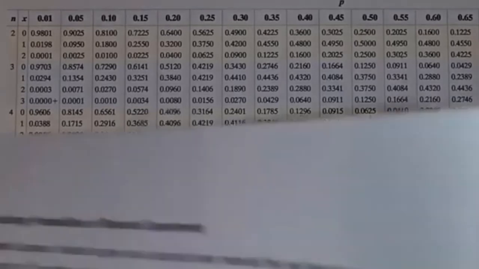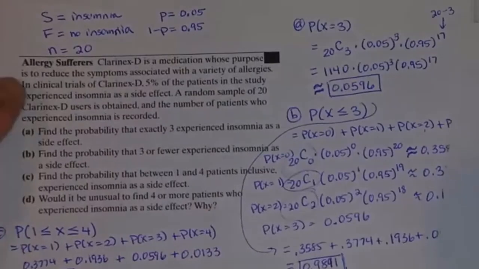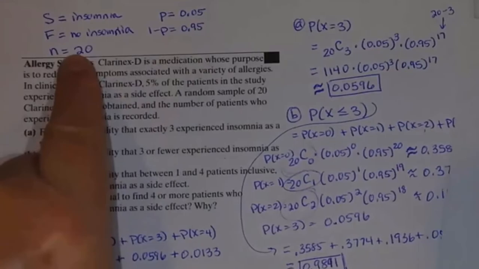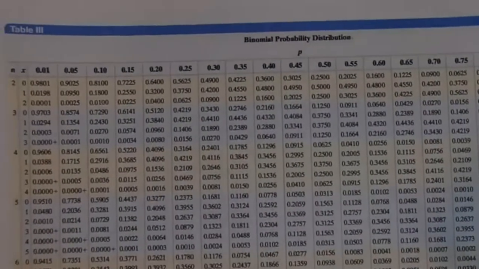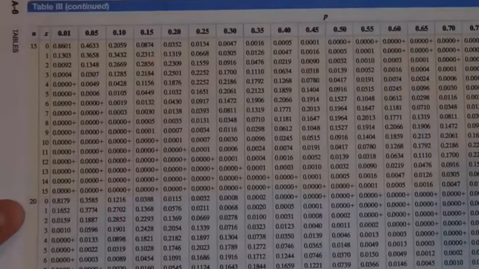So for example, we just did this problem where the probability of success was 0.05 and the number of trials was 20. So if I wanted to use the binomial table in the appendix, I would just have to flip back to where n equals 20.